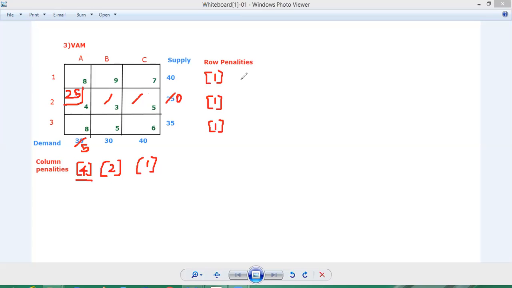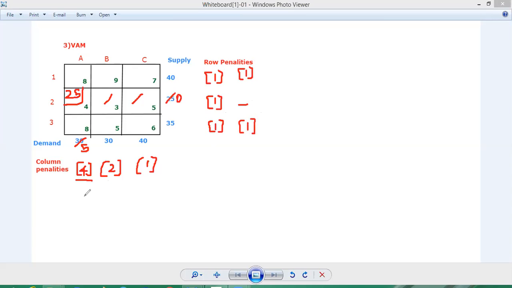Yes, right. So now the penalty for the first row, again the first minimum is 7 and the next minimum is 8. Again the difference will be 1. And this second row we don't have to compute. Now the third row, here also you will get a penalty as 1.